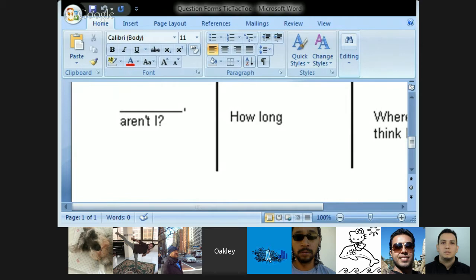You need your auxiliary am. In that sentence, because you're using the present participle looking, you need I am. I am looking good, aren't I?